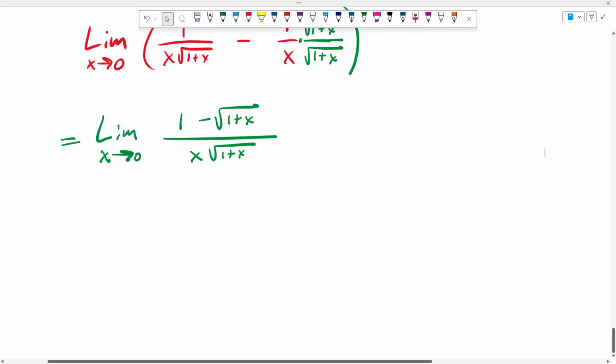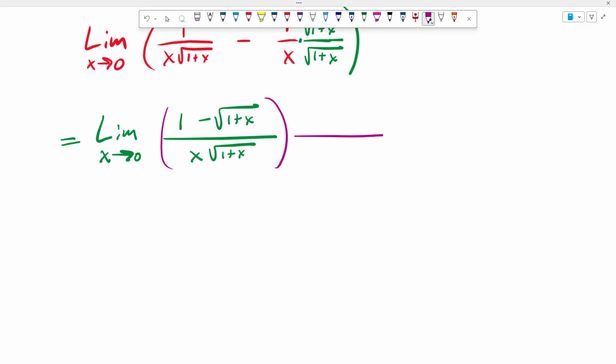We go back to one of our other tricks, multiply by the conjugate, because we have two terms here, especially one involving a square root. So let's multiply by 1 plus root 1 plus x.